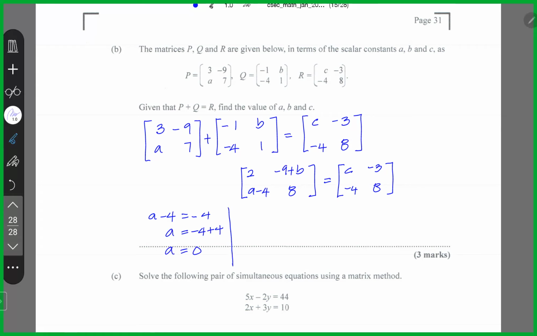Let's go for B. Minus 9 plus B is equal to minus 3. Those are the top right elements, because when two matrices are equal, corresponding elements are equal. B would be equal to minus 3 plus 9. B would be equal to 6. C is equal to 2.